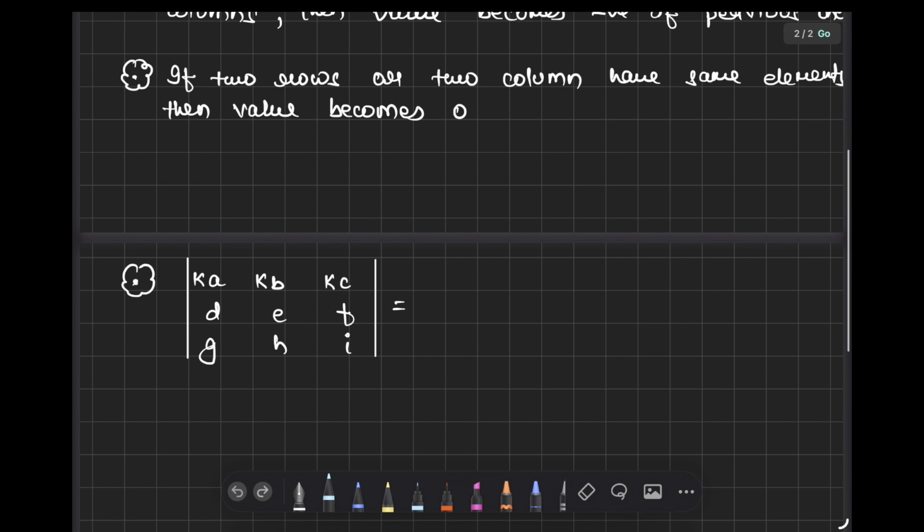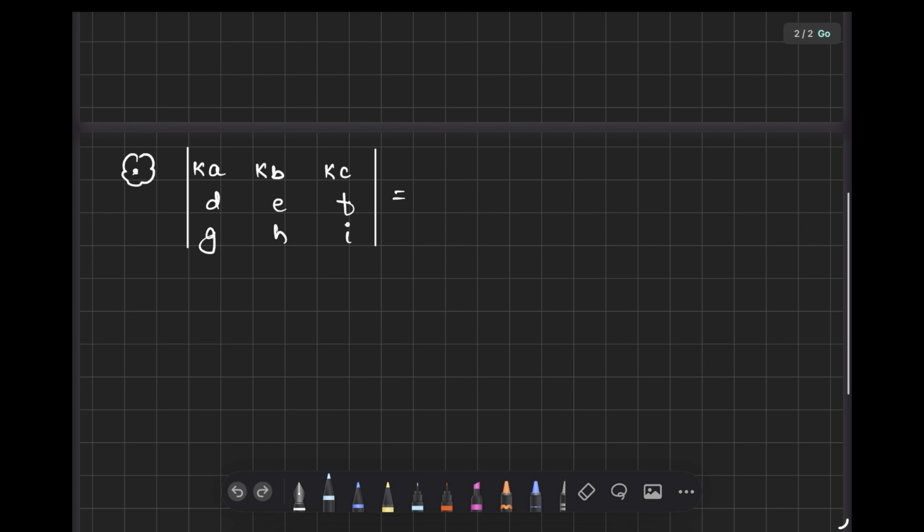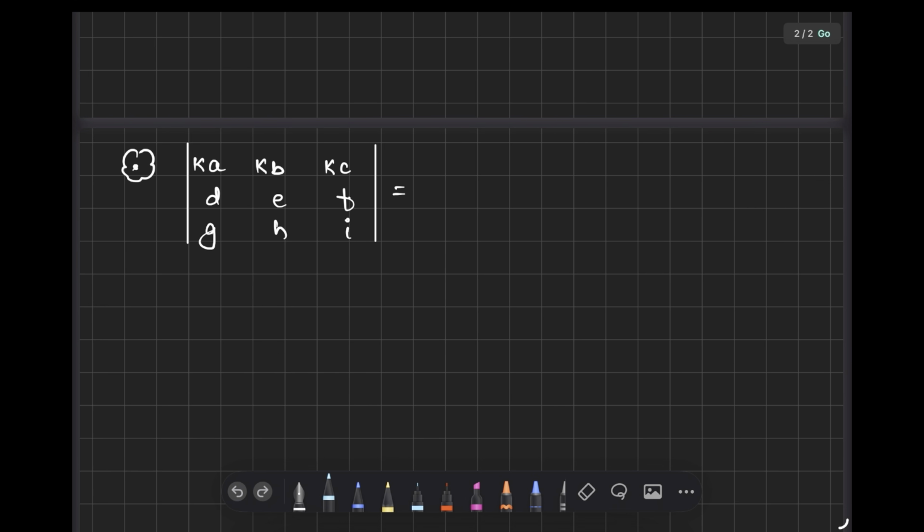Now look at this. Suppose k is being multiplied with row number 1. You already know about this, but I will remind you one more time. If you wish to take anything common while dealing with a matrix, you should take it common from every element.